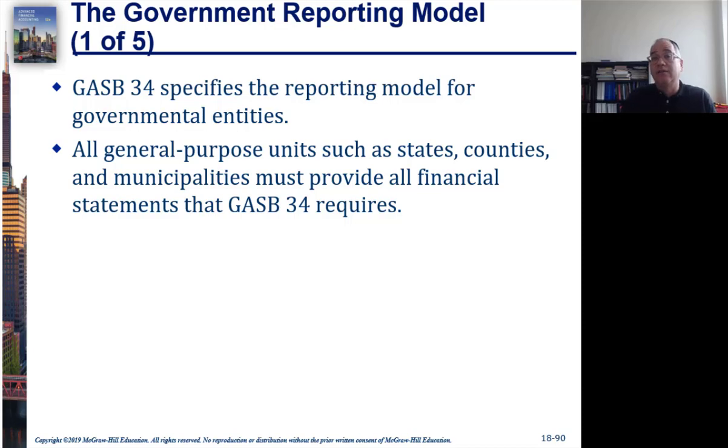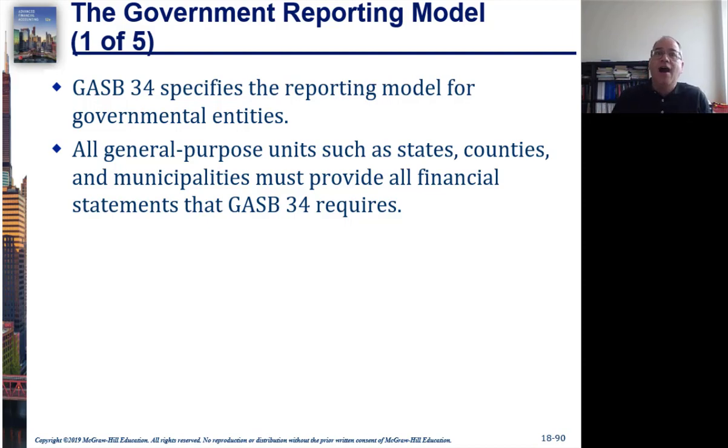So even though the governmental funds use modified accrual, the government-wide financial statements need to use the full accrual basis, and they also need to include the information from the general capital asset and general long-term liability account groups. All the funds that use modified accrual need to be converted into accrual accounting to do this. And GASB 34 says you have to do this.